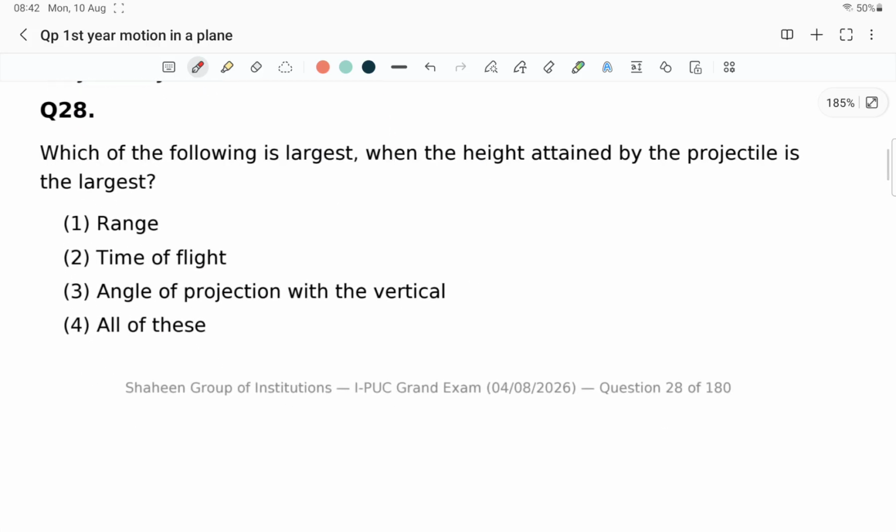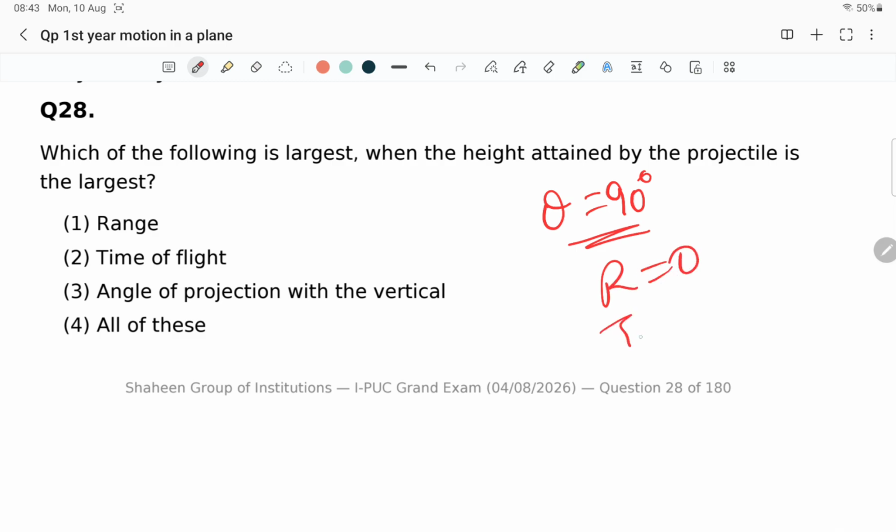Question number 28. Which of the following is largest when the height attained by the projectile is largest? When the height attained is largest, maximum height is attained when theta is 90 degree. The range becomes 0, correct.